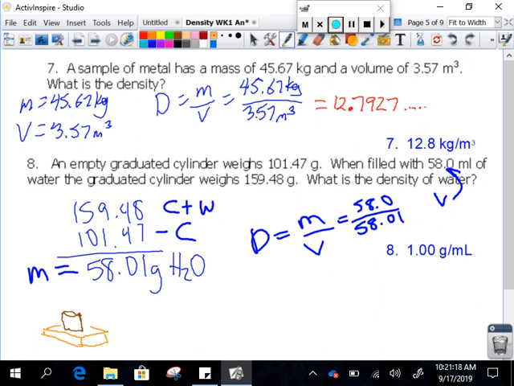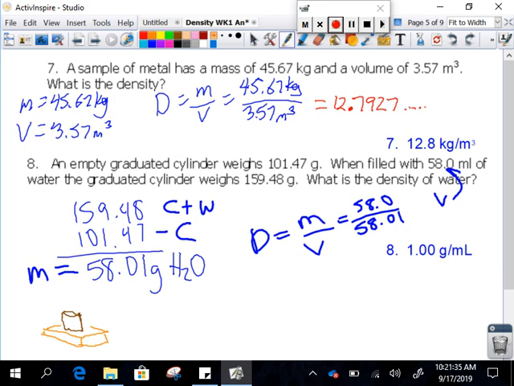Most of the time we don't deal with cubic meters, but that's a cubic distance. That's a meter by a meter by a meter, so it is volume. And we just plug the values in, let the calculator handle the math. It gives us a really long answer, 12.7927 and so on.